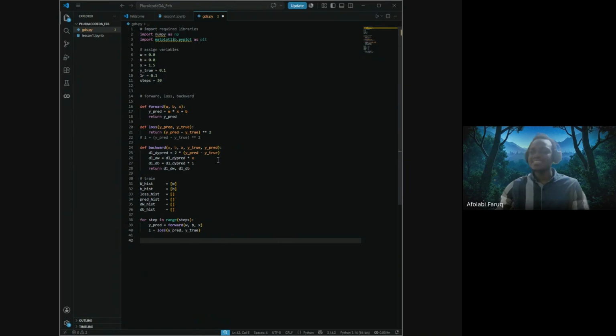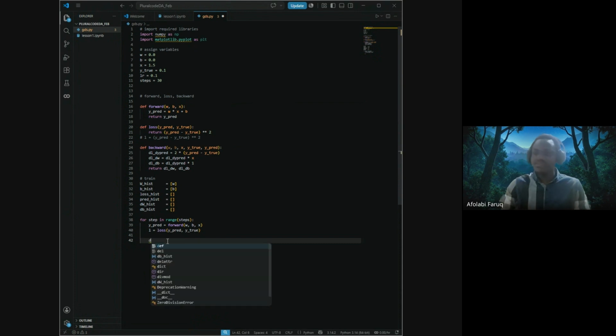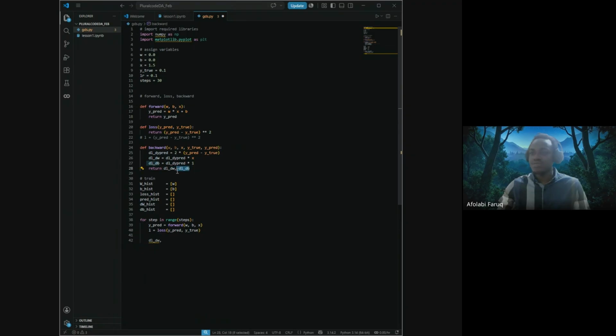Then the next thing is our backpropagation. Since we have a function that computes that, we are just going to store the output of that in predefined variables. So here we have dL dW, dL dB equals backward of what do we have here?